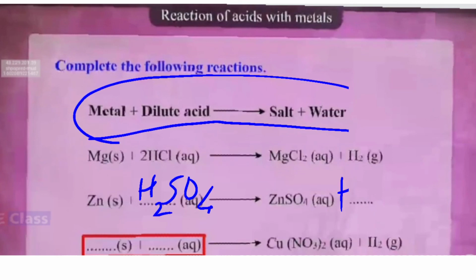But यहाँ पे NO3 twice है ना, so you will be requiring this 2. Okay. So please write down in the textbook. You can take a screenshot also. Cu plus 2HNO3 gives you Cu(NO3)2 plus H2. Clear?